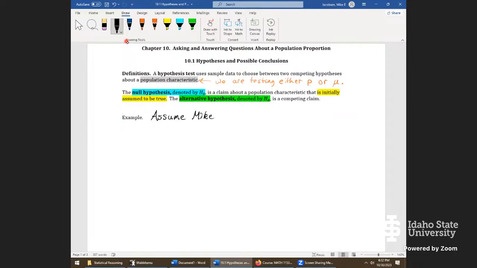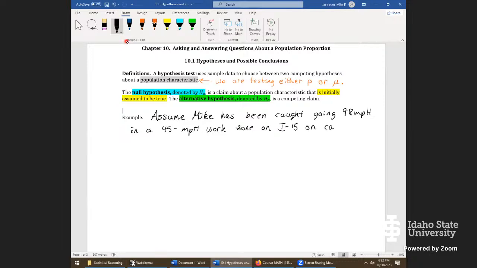Assume Mike has been caught going 98 miles per hour, which would probably destroy my car, in a 45 mile per hour work zone on I-15. I don't ever do that. I've never seen anyone get pulled over for that, but you can imagine the fines are stiff. They warn you about this all the time.